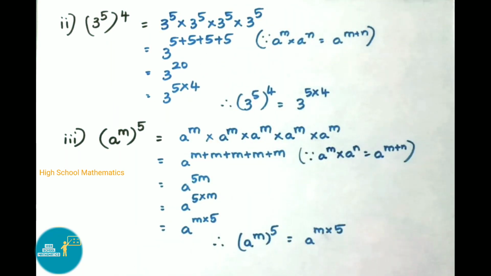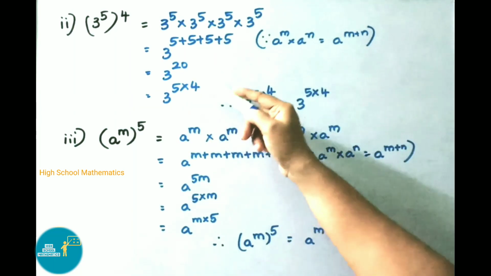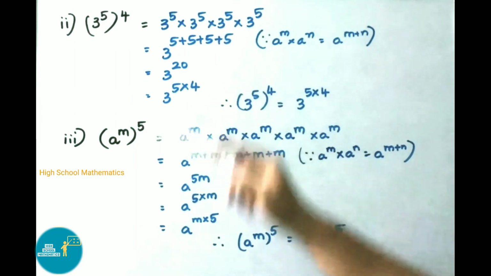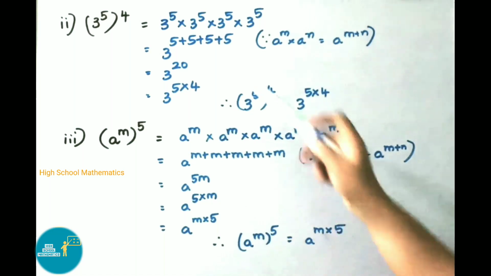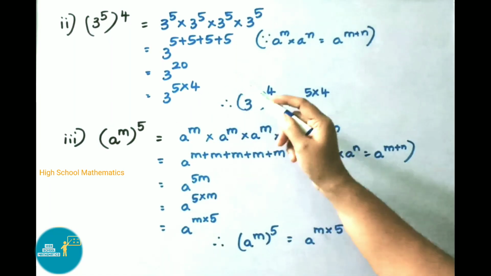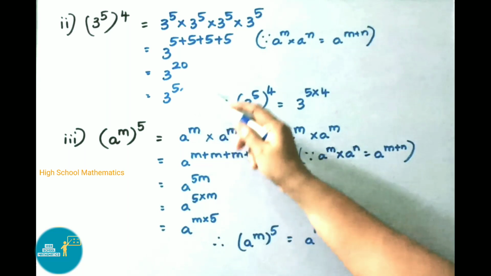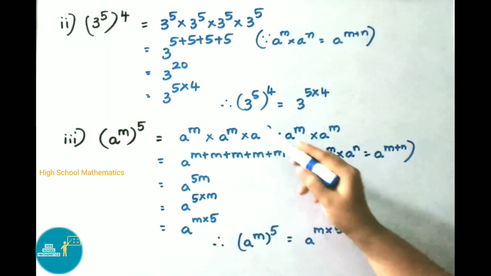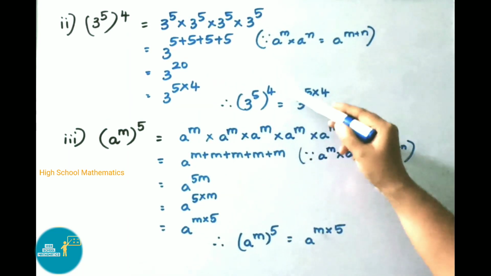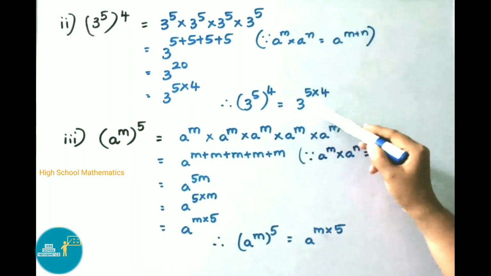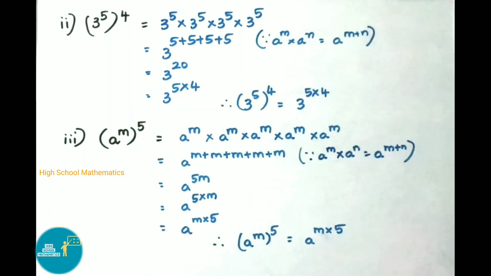That equals to 4 times we have added 5, that means 20. So we have written 3 power 20. That equals to 20 can be written as 5 into 4. So we have written here 3 power 5 into 4. Therefore, 3 power 5 whole to the power of 4 can be written as 3 power 5 into 4.